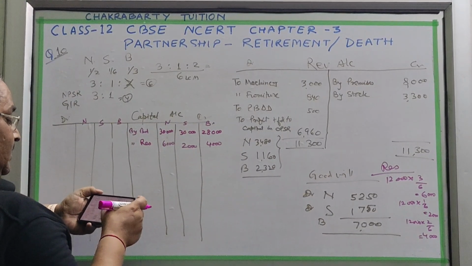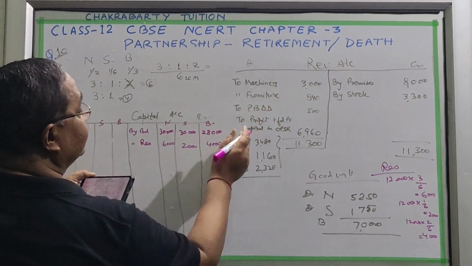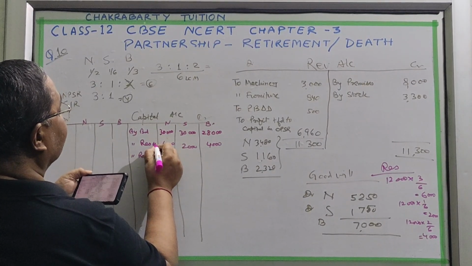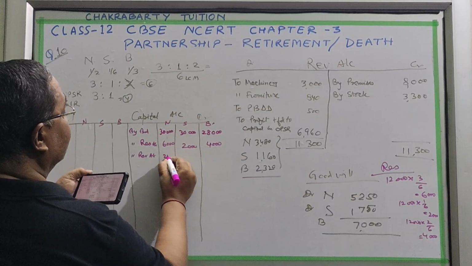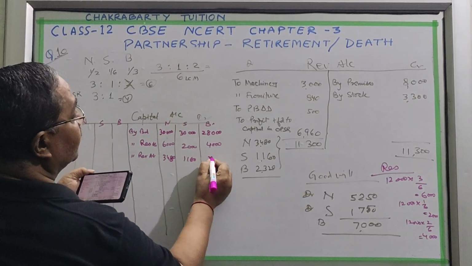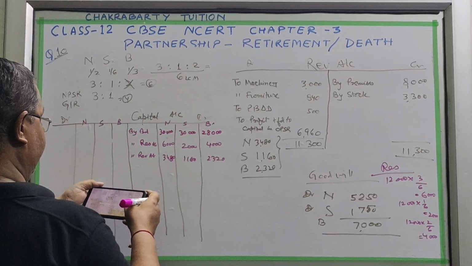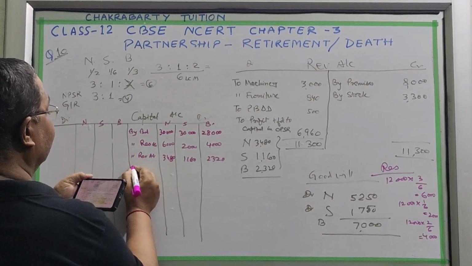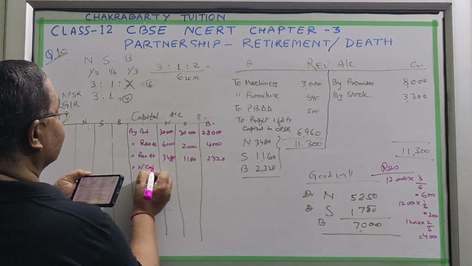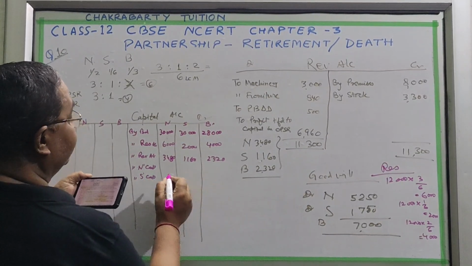Now after the balance sheet items, nothing more is to be added. Then the profit by revaluation account, 3480, 1160 and 2320. So this profit has also come. Now by goodwill, N and S will give. Their capital accounts will be debited by 5250 and 1750.